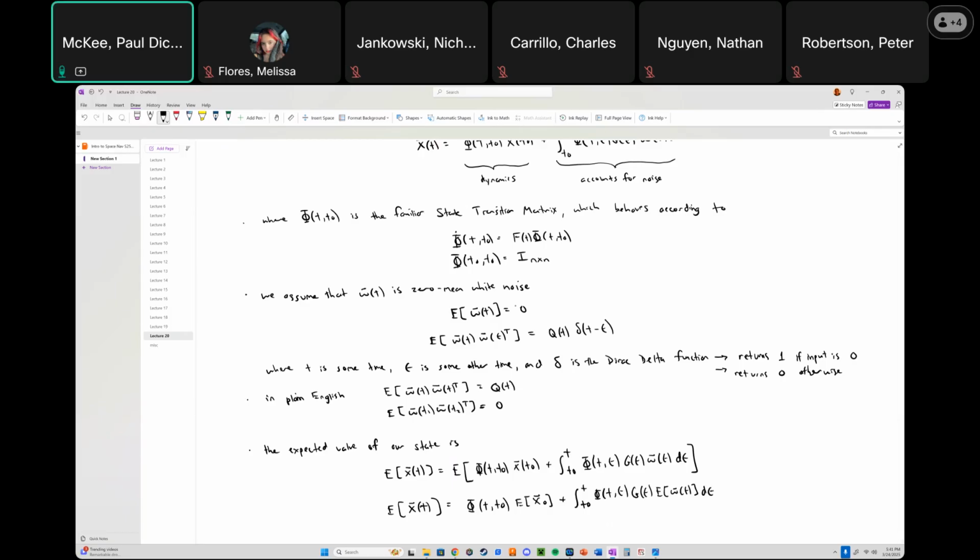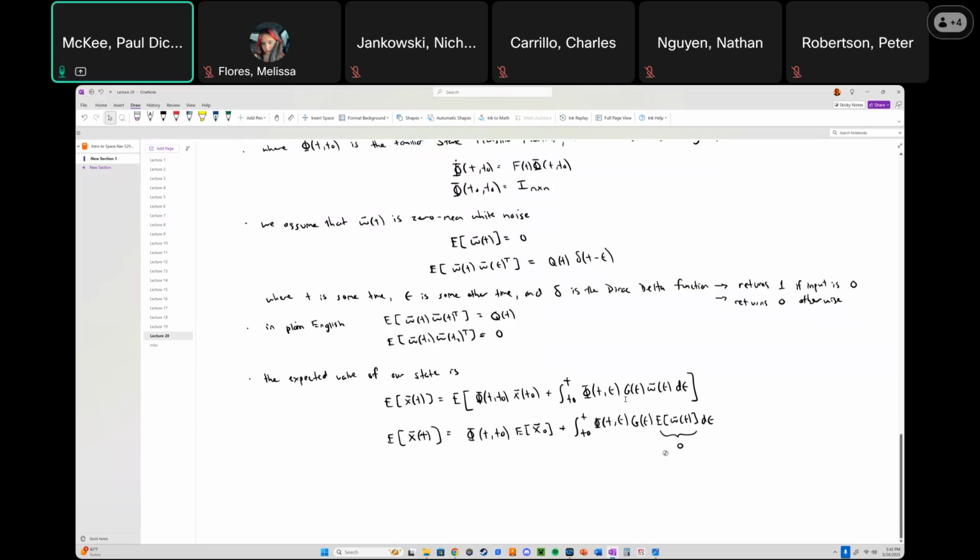However, the expected value of our noise is 0. So you might have been able to guess this: the integral term of our noise works out to 0, because we've got random noise. Sometimes it's positive, sometimes it's negative. In the aggregate, it should work out to do basically nothing.